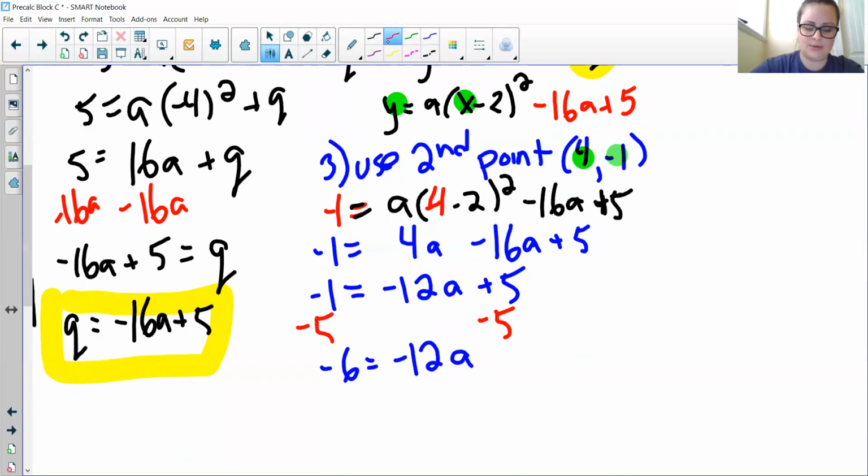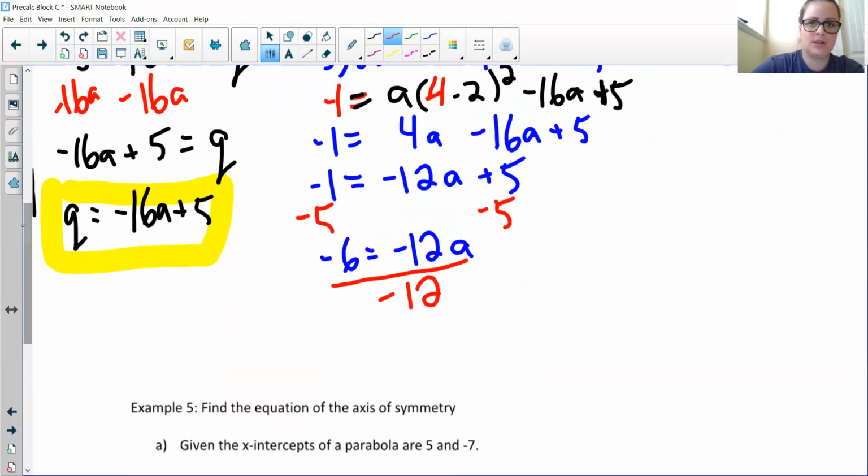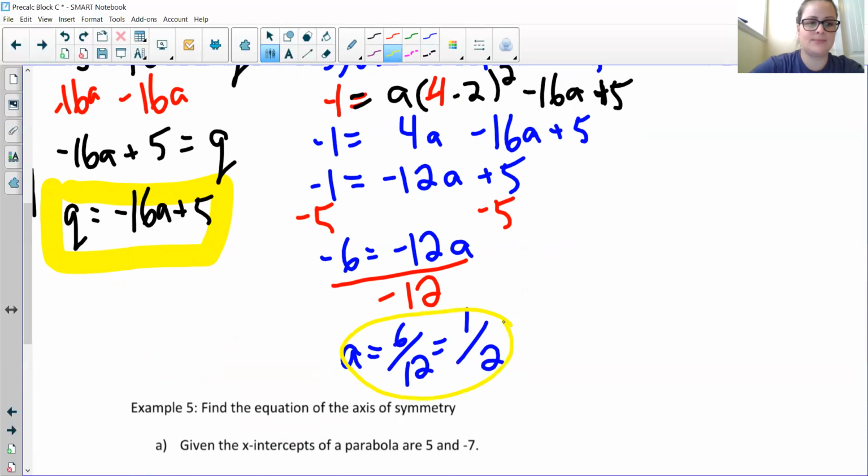Then I'm going to divide by negative 12. And I'm going to get that a equals positive 6 over 12, which is the same thing as a positive 1/2. So now I have what my a equals.